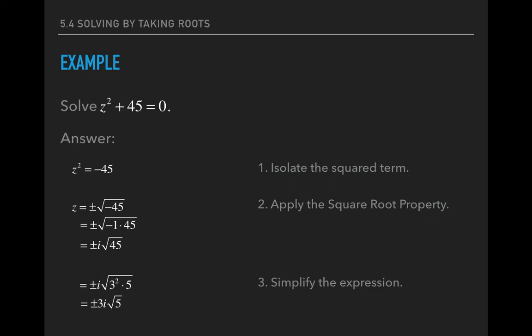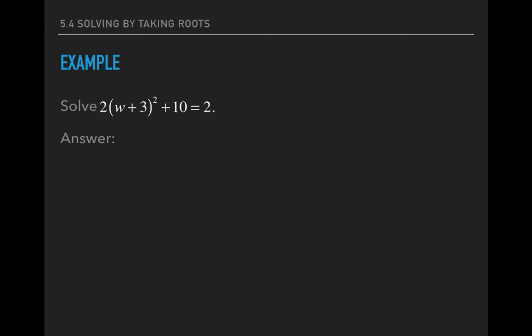If this seems wildly strange, it's because it is the first time that you are seeing use of the imaginary number. We're going to be working with it for quite a few lessons, so it will be made more clear to you. I have a final example I want to show you here.